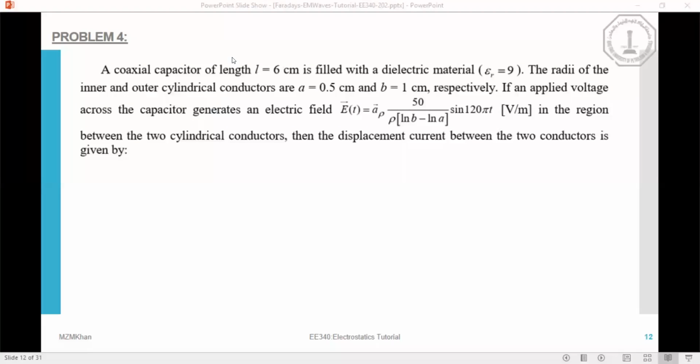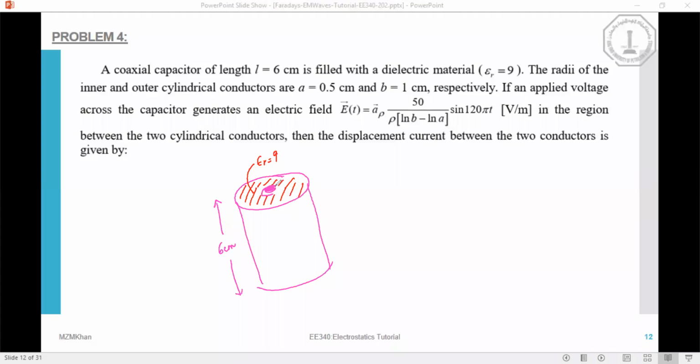Here you have a coaxial capacitor of length 6 centimeters, and it is filled with a dielectric material of epsilon r as 9. The radii of the inner and the outer cylinder conductors are 0.5 and 1.